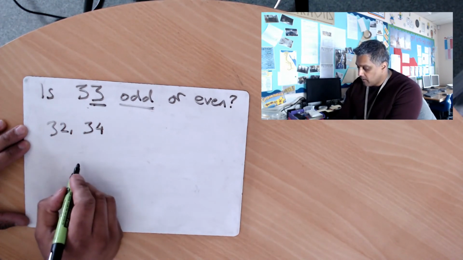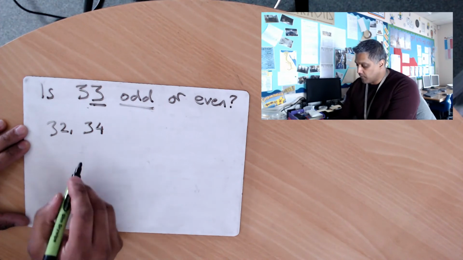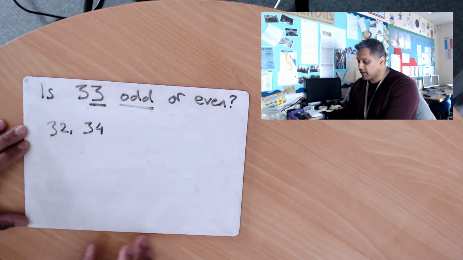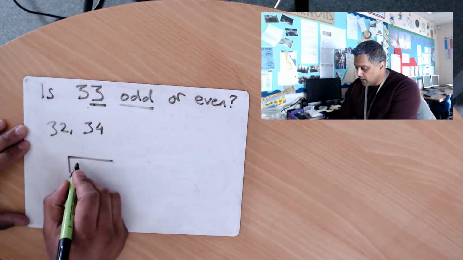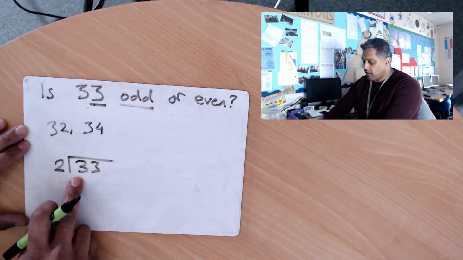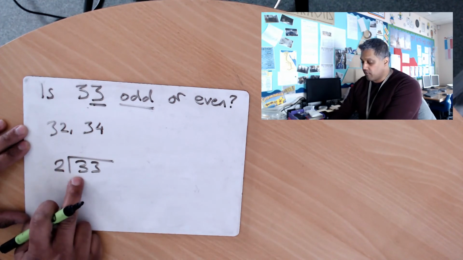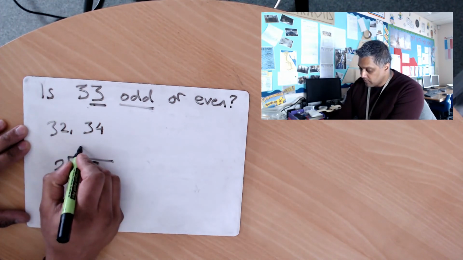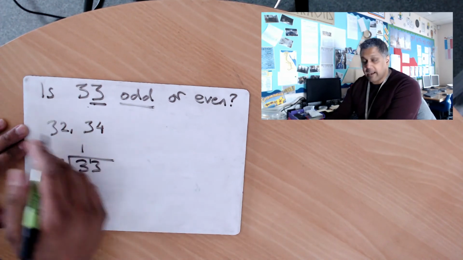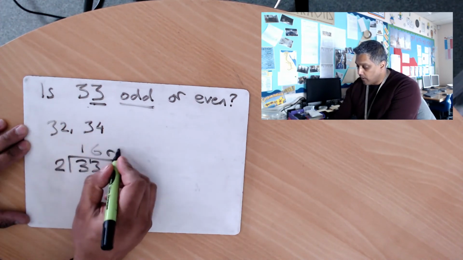If I divide it into two groups, so if I have 33, you can either draw it or do objects if you want to. If you want to really do the short method, how many twos are there in 3, which is with 30 there? Well, there's 1. There's 1 left over. How many twos are there in 13? Well, you count in twos, you get 6, and you've got 1 left over.